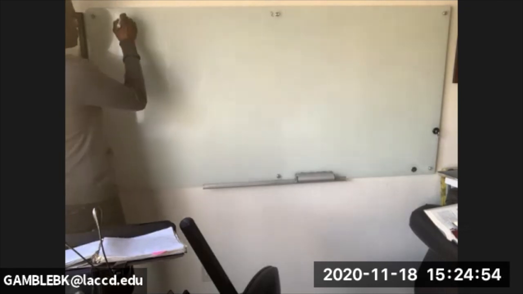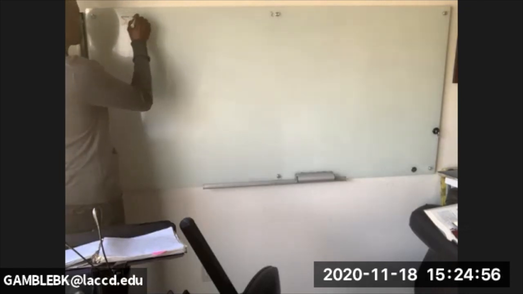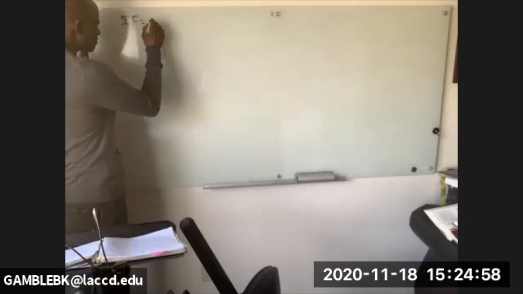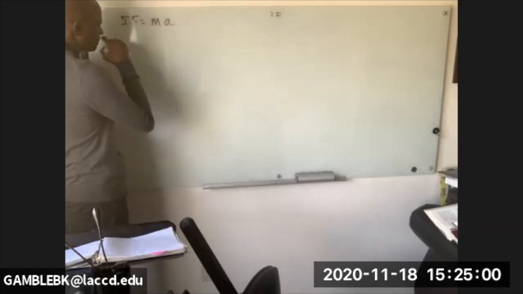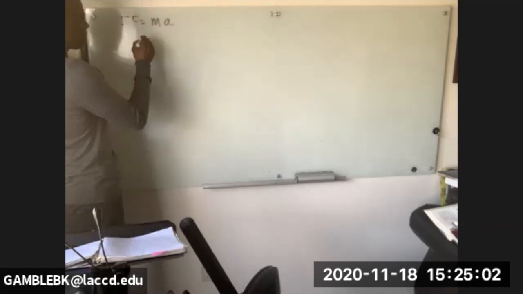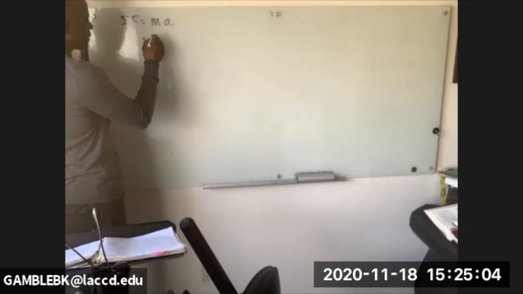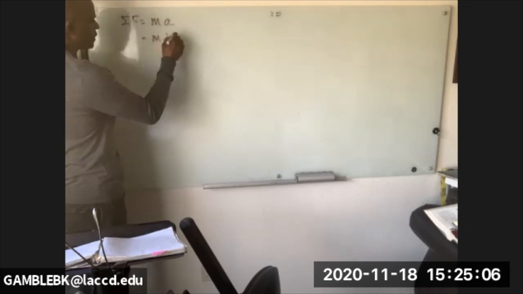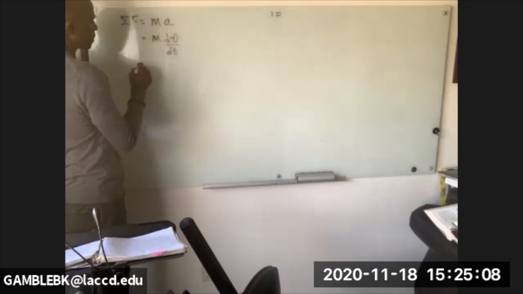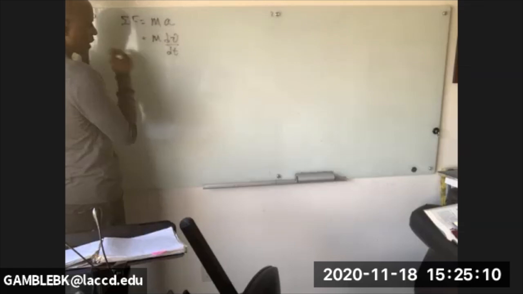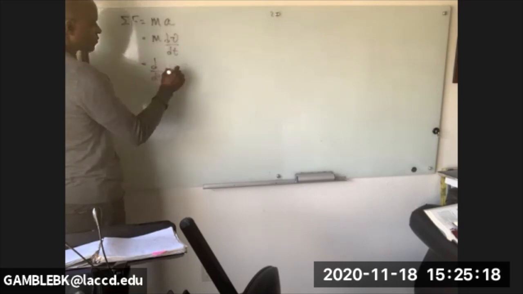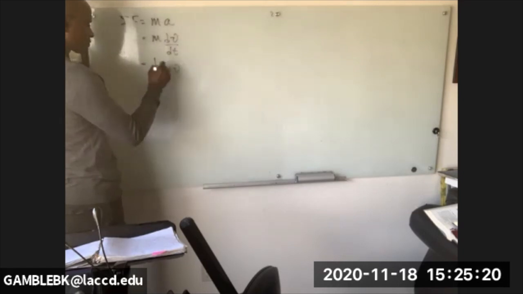I said that Newton's second law is equal to mass times acceleration. But acceleration is dv/dt. And if I take the m inside, m doesn't have to be constant. So in general, it's d/dt of this quantity m times v.